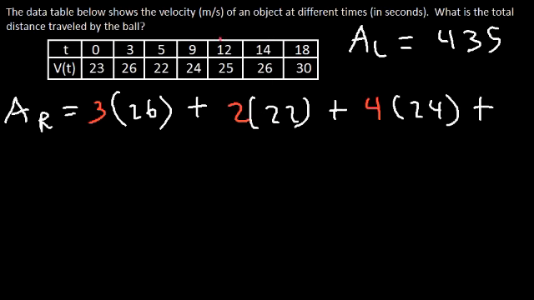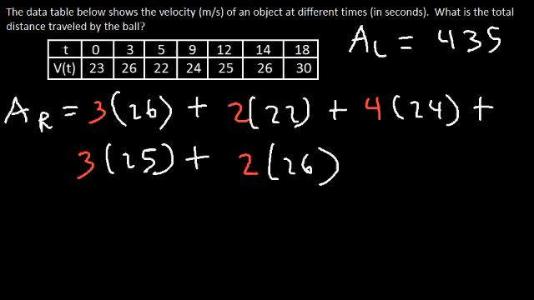After that, between 9 and 12, it's 3, and we're going to use 25. And then between 12 and 14, it's 2, and we're going to use 26. And for the last part, between 14 and 18, it's 4 times 30.